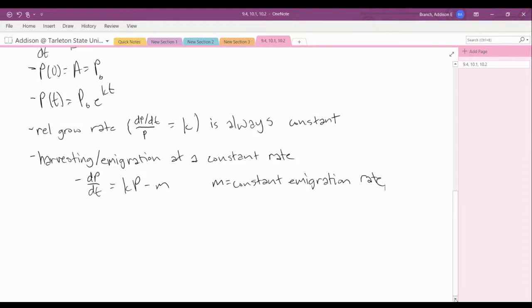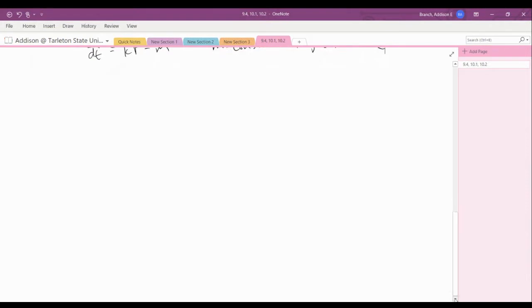But realistically, that is not possible, because as your population gets bigger, you need resources in order to survive. So as your population gets bigger, your resources are going to dwindle, making it harder for your population to keep growing. And that brings us to the idea of the logistic model.